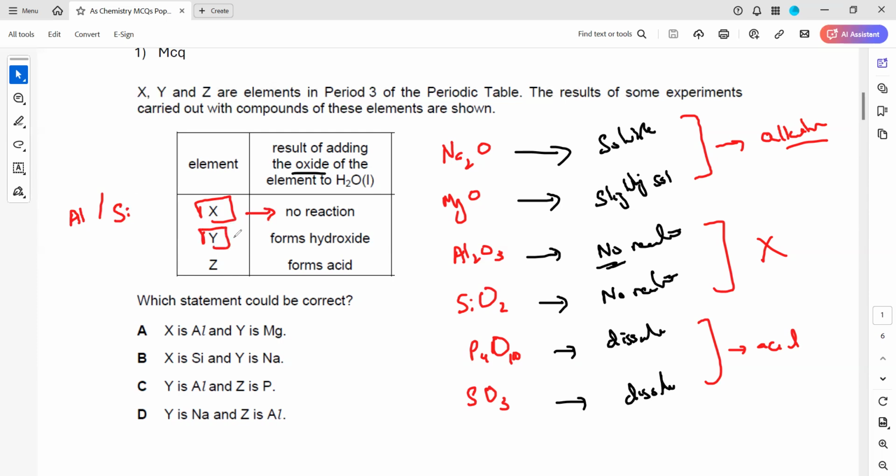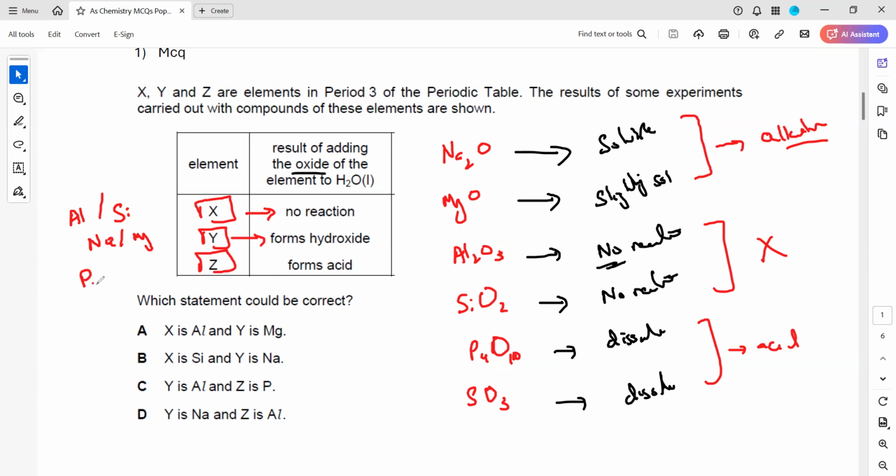What about Y? It forms a hydroxide. Usually when magnesium oxide is added to warm water, it will form the hydroxide. So this gives an idea that sodium might be there, or it might be magnesium, the Y. And what about the one that forms an acidic solution?